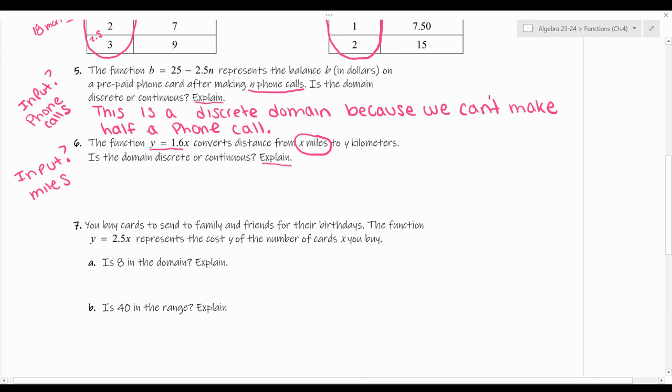So we decide discrete versus continuous by asking ourselves, can we have maybe half a mile? Can we have a quarter of a mile? Can we have 1.5 miles? Think about that for a second. Does it make sense to have decimals and fractions when talking about distance?